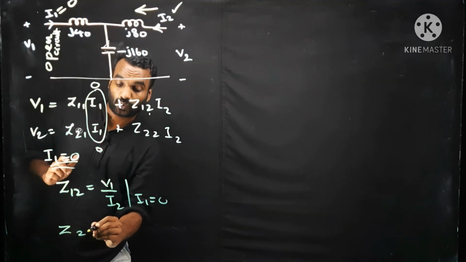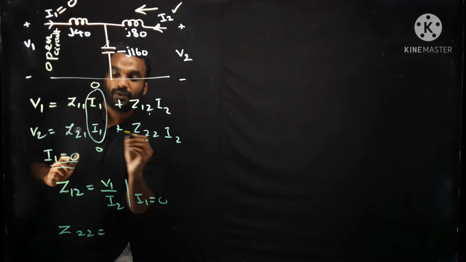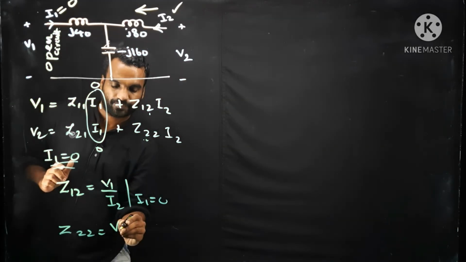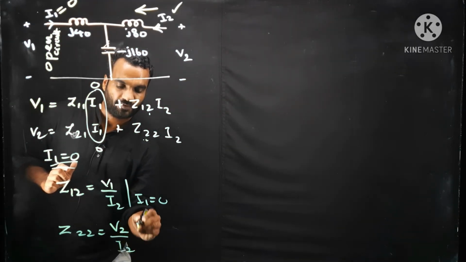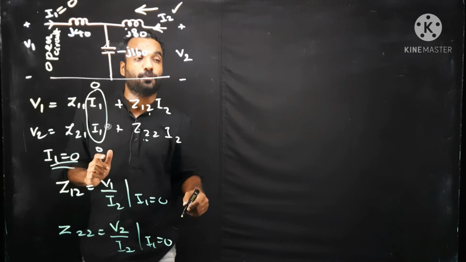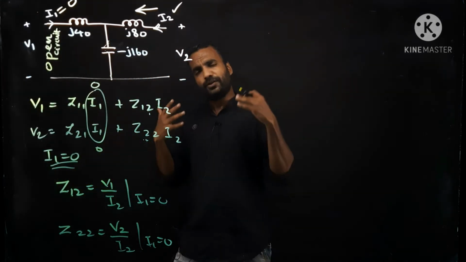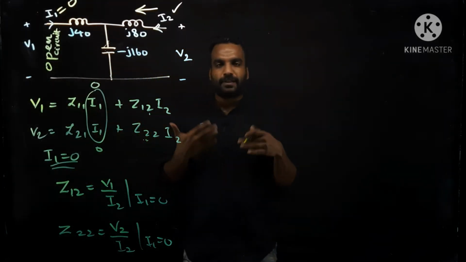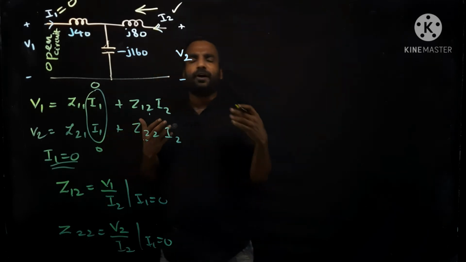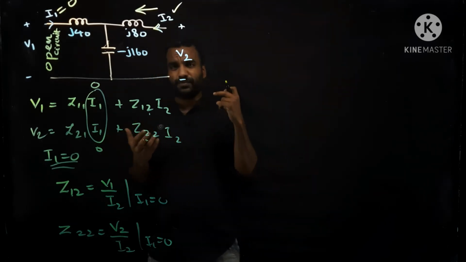And Z22 is equal to V2 by I2 with I1 equal to 0. I know you know these things, but I am just refreshing your mind to give us a good strong base in this concept.